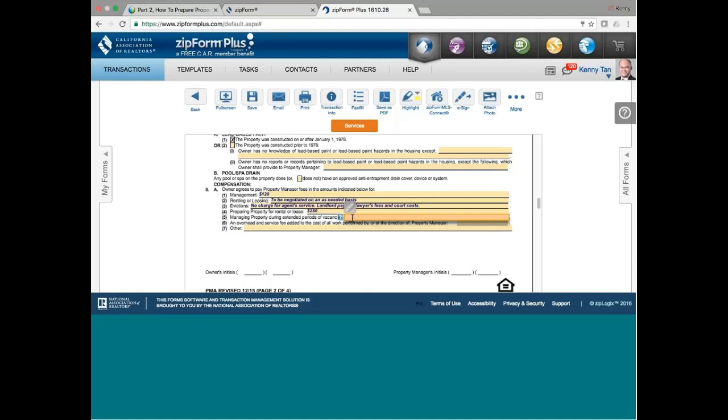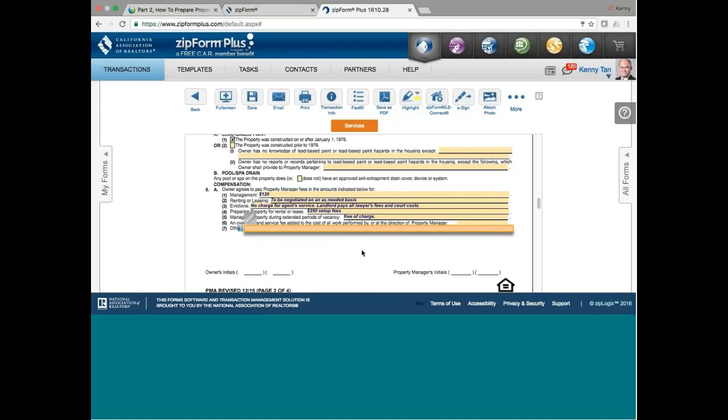Sometimes they call it a setup fee. Managing property during extended period of vacancy, that's all negotiable. Sometimes we say free of charge. The landlord is probably thinking, well, why should I reward you for allowing such a long vacancy, right?